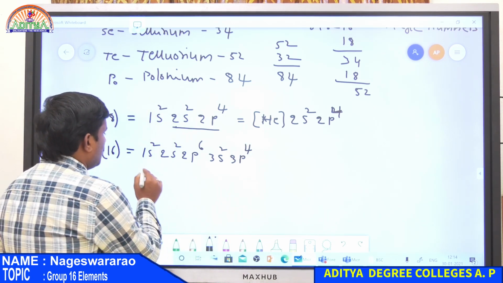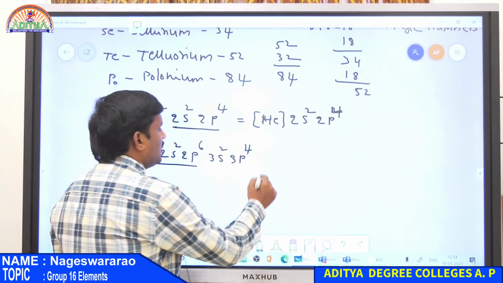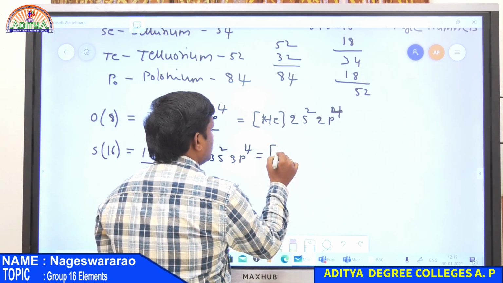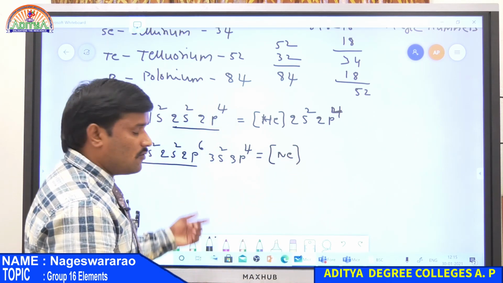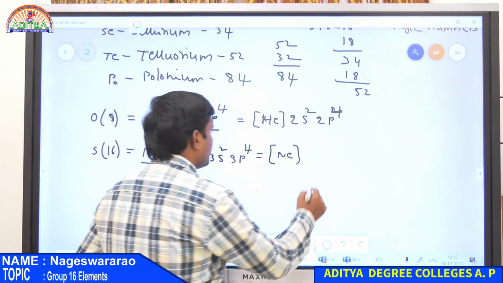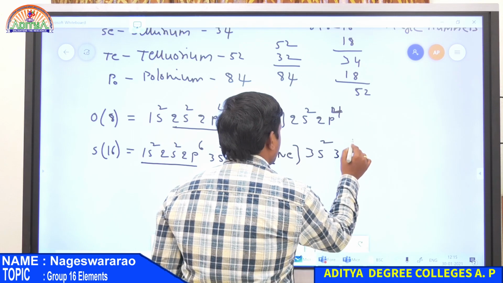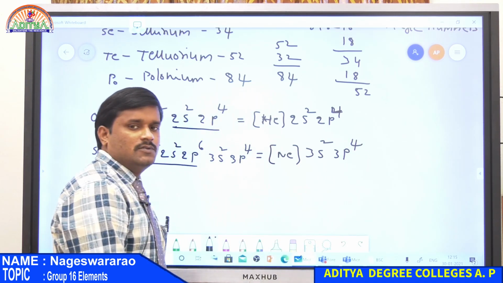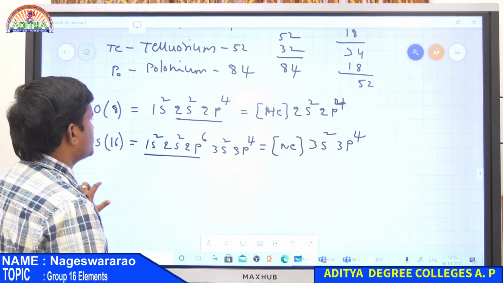The noble gas with 10 electrons is neon, atomic number 10. Therefore 1s2, 2s2, 2p6 is simply neon, and the remaining configuration is 3s2, 3p4. This is the electronic configuration of sulfur.